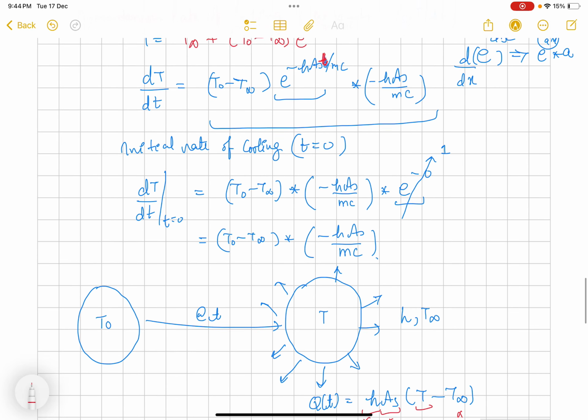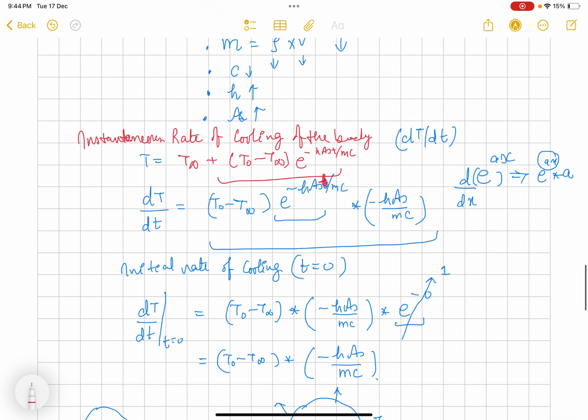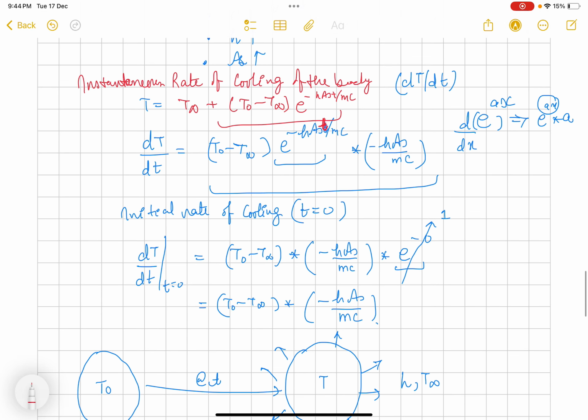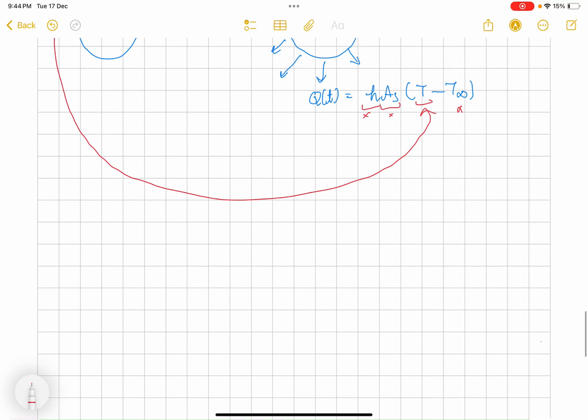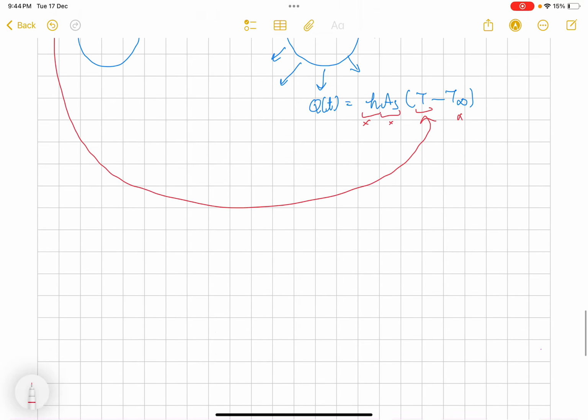Because for a lumped body we have this relation. So if you plug in this value of T here, you can get the instantaneous rate of heat transfer.